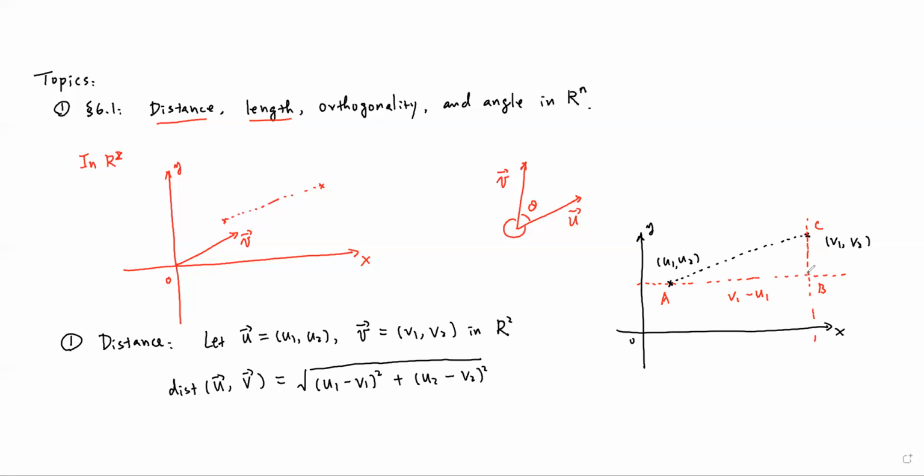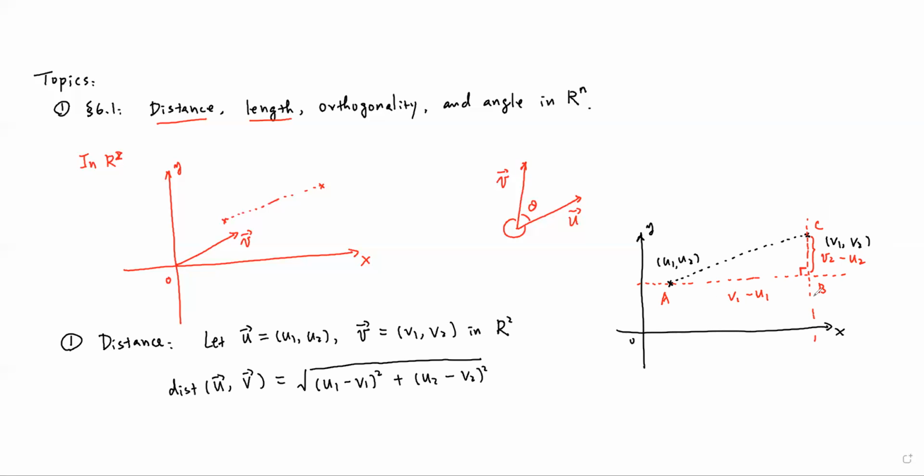V1, the x coordinate of point B, and U1, the x coordinate of point A. So V1 minus U1 is the distance between point A and point B. And the distance between C and B is the y coordinate V2 minus the y coordinate of point A, U2. So this is a right triangle, and this angle is 90 degrees.